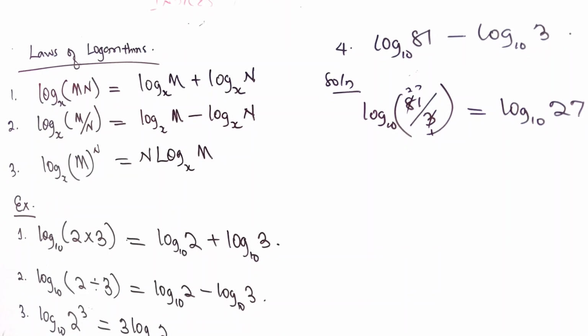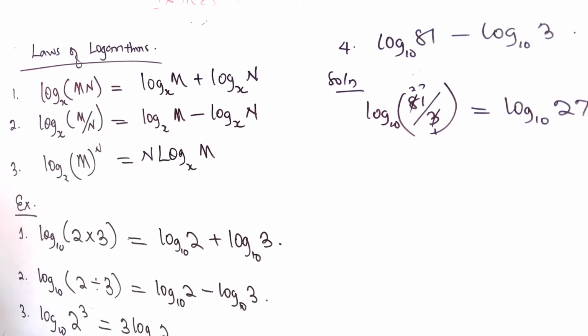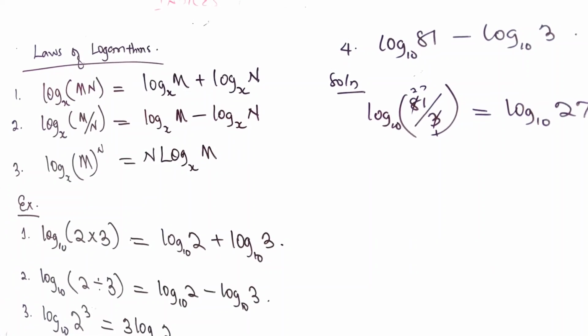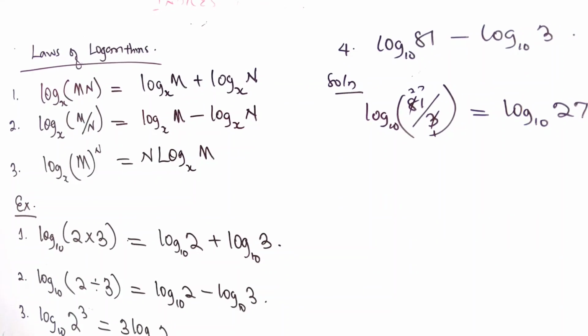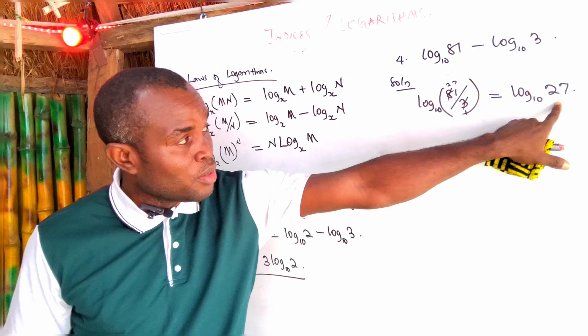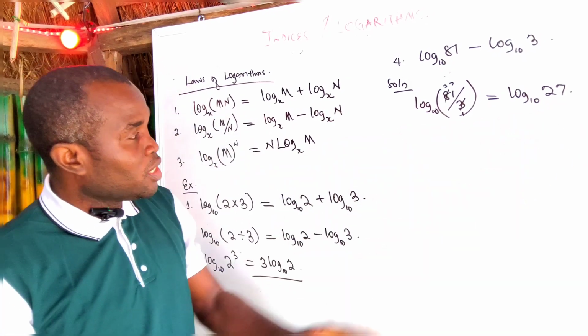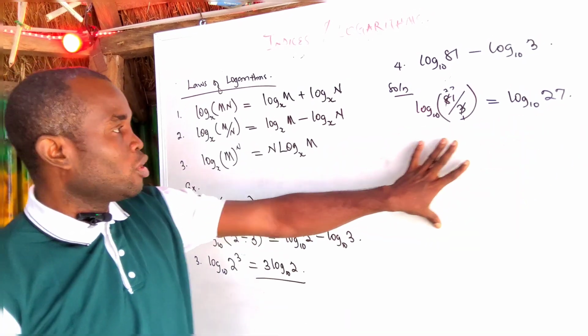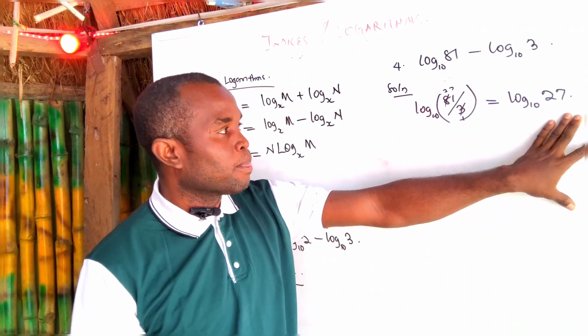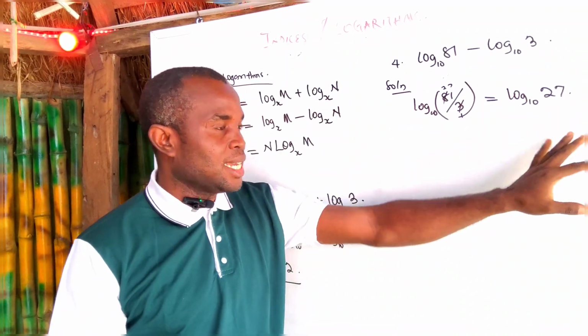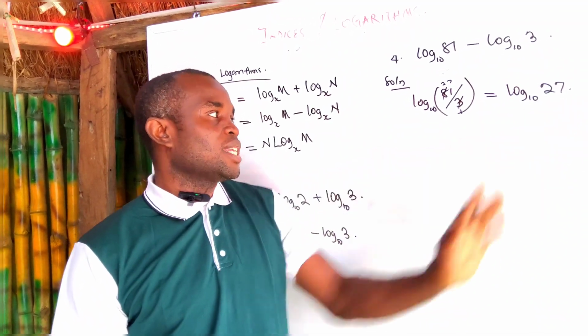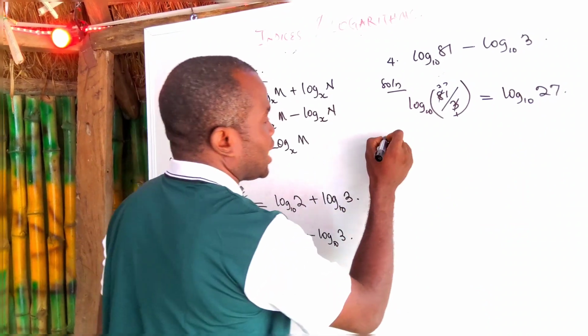Yes, you might want to take it further, but for the sake of this very introductory lesson, we'll not be taking that further. Yes, that's fine, but let's just leave it as this. So let's take another example.